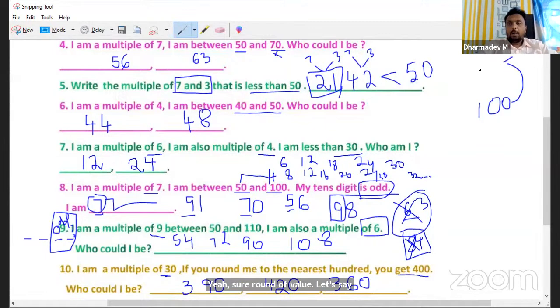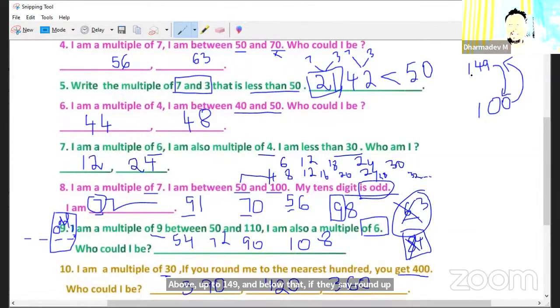Above, up to 149, and below that, from 149 to 51, any number, I can take 100 as the nearest number. This is what is called round off. Are you clear with that?